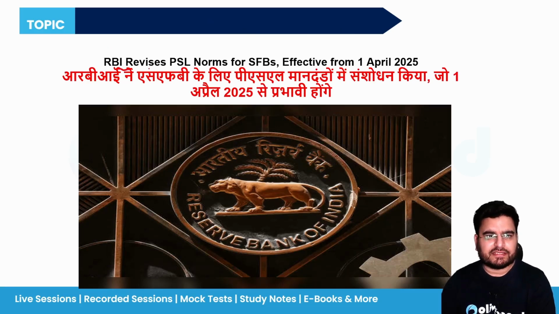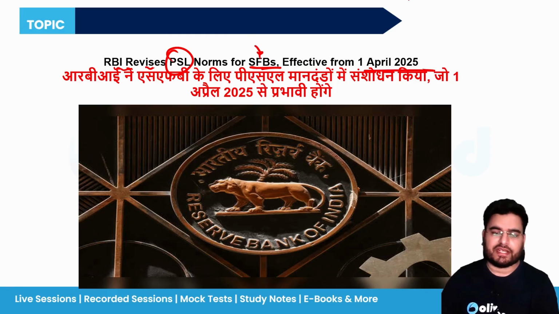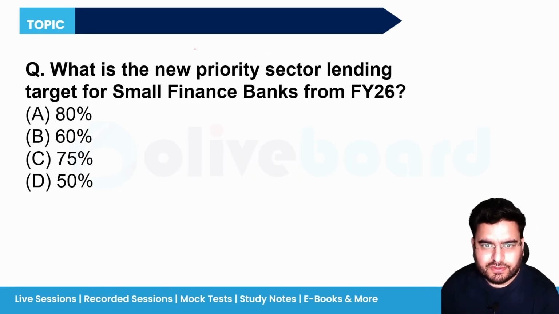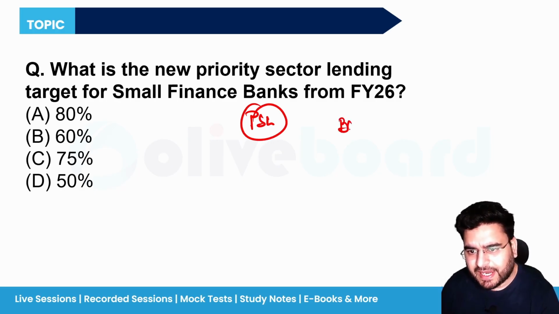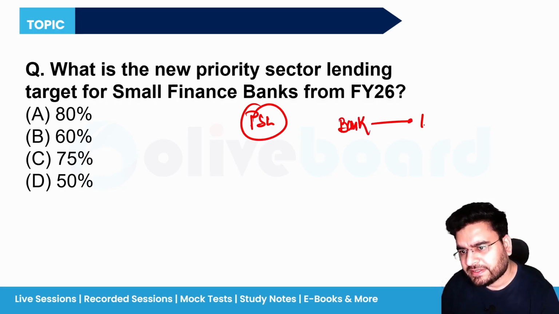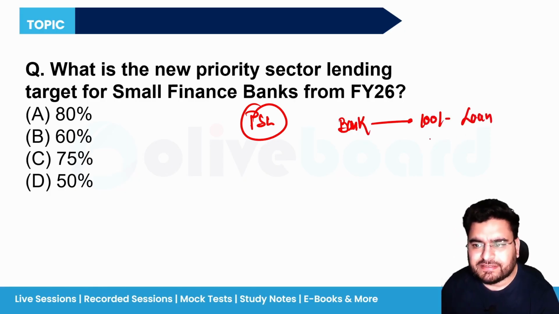Next is RBI revises priority sector lending norms for small finance banks from April 1st, 2025. So understand what priority sector lending is. RBI says that, for example, if a bank is giving a 100 rupees loan, then out of this 100 rupees, you should give 40 rupees, or 40%, to priority sector lending.